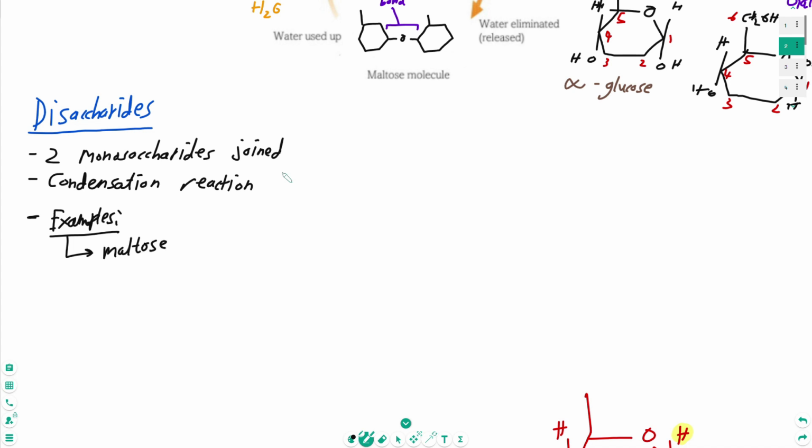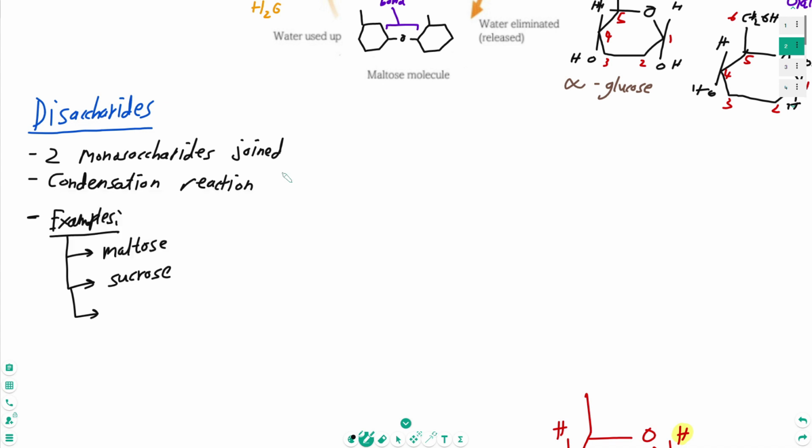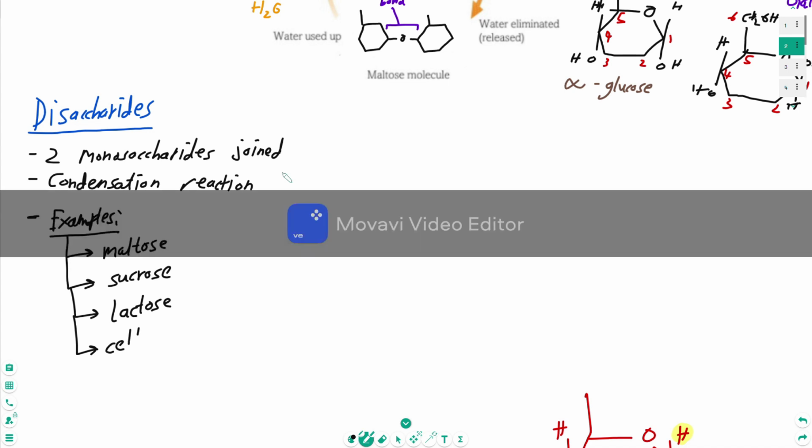Alpha glucose and fructose together make sucrose, and alpha glucose and beta galactose make up lactose, and lactose is found in milk, as most of you may know. And two beta glucose molecules make something called cellobiose.